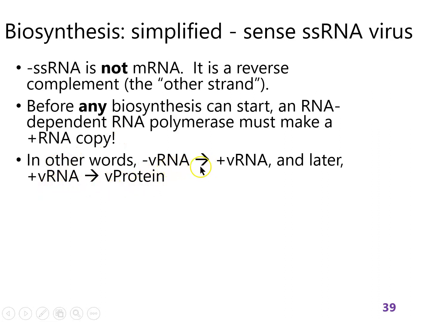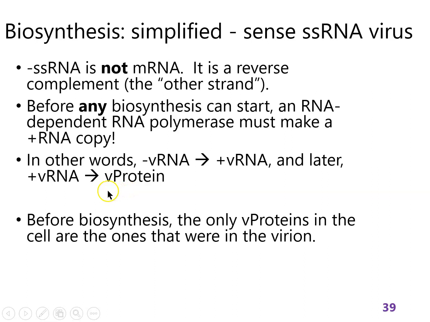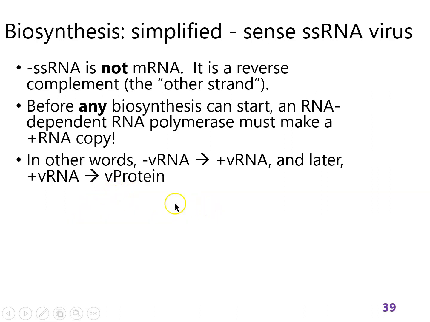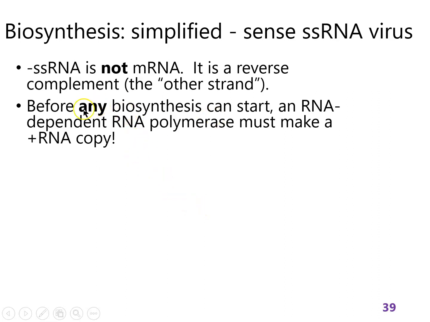So they have to make that strand by, experimentally trying different ribonucleotides, building that strand, and that will act as a messenger RNA that can be translated. And so let's think about that. If we back up, that all has to happen before any biosynthesis happens.